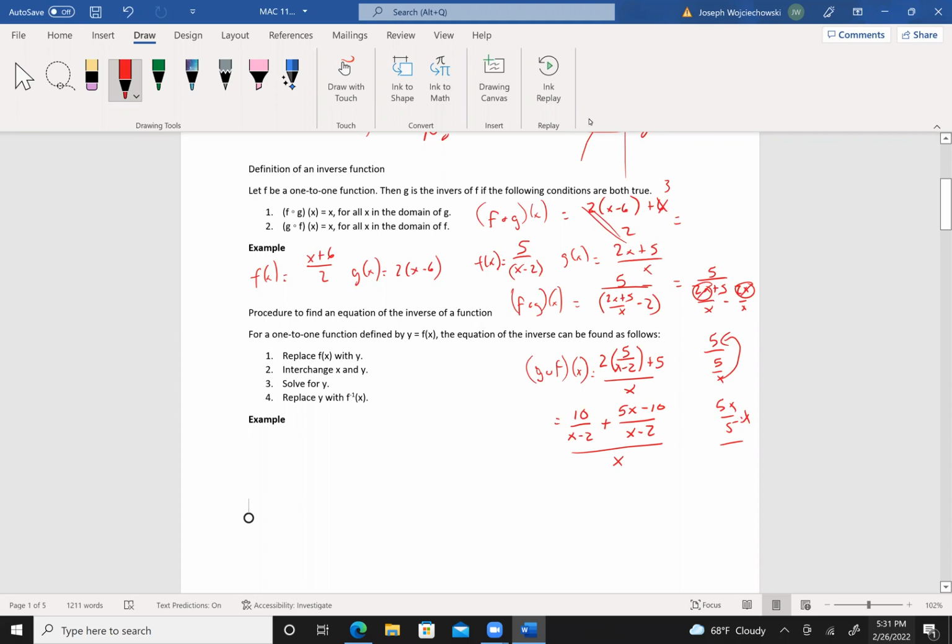So now the 10's cancel out, and I have 5x over x minus 2 over x. And this is not working. Let's look at this again.